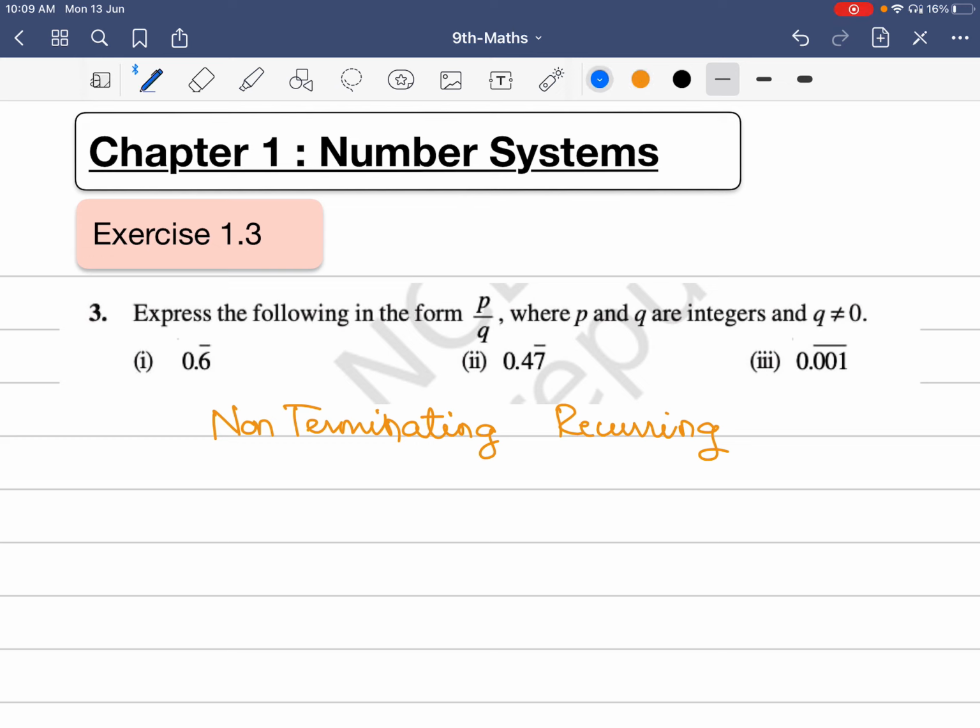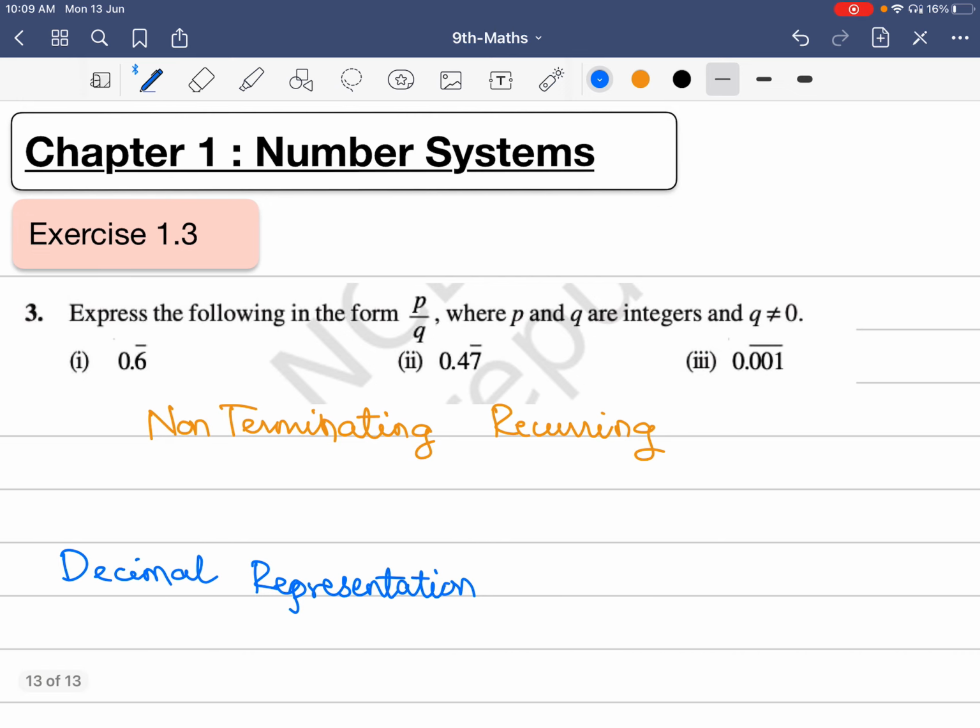So just to quickly revise, let me write it down. We know that decimal expansion, or let's use a better word, decimal representation of a number is in two different ways.